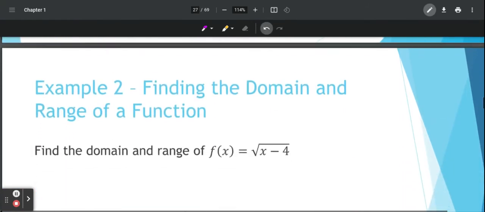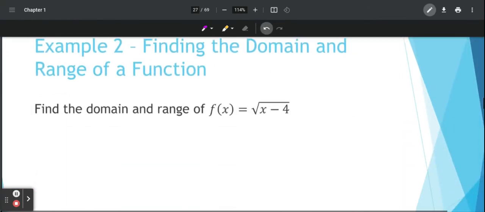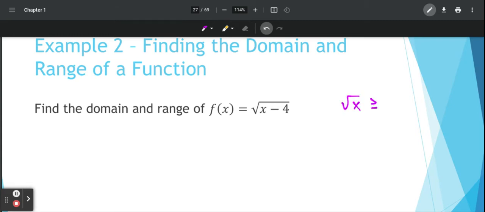So our next example, finding domain and range of a function. So let's say we don't have a graph, and we touched on this a little bit in the last section. When we have that square root, remember, anything under a square root has to be greater than or equal to 0. The x value underneath does.